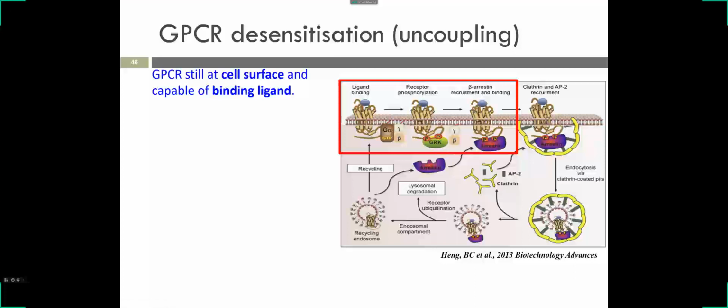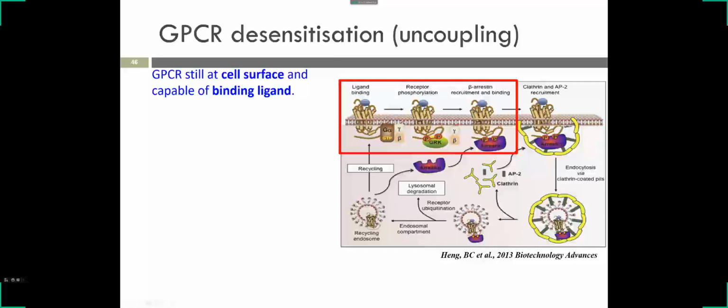They phosphorylate the tail and the loops of the receptor. This then drives recruitment of arrestin proteins. The arrestin proteins then eventually can lead to recruitment of clathrin adapter proteins, AP2, and eventually you get internalization via clathrin adapter proteins.